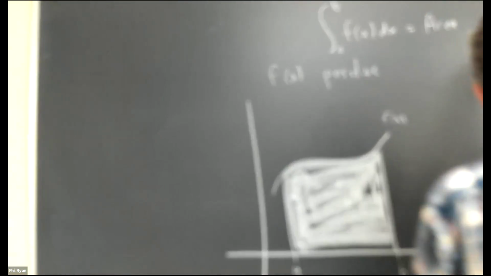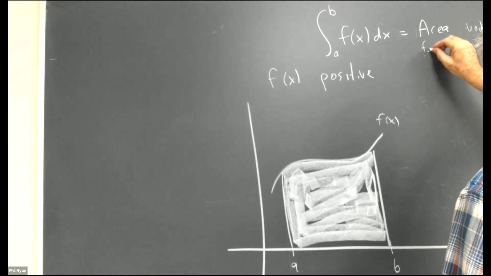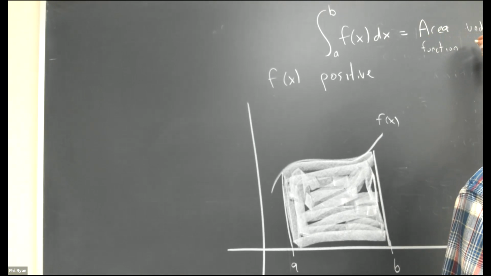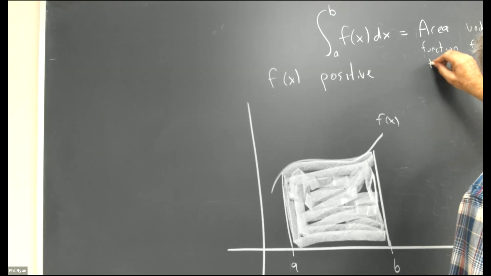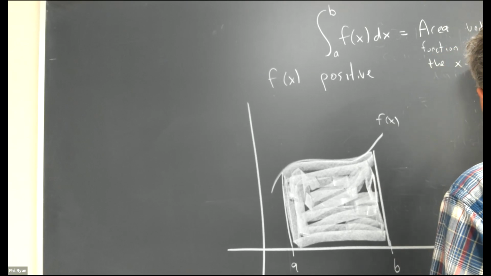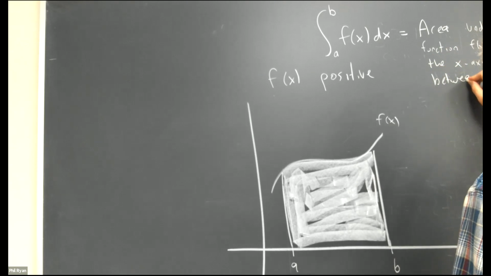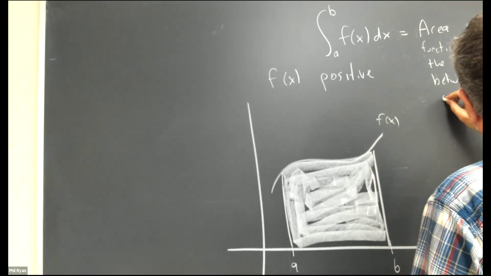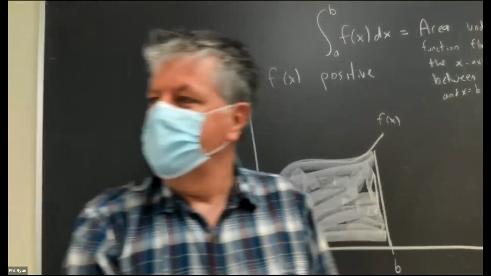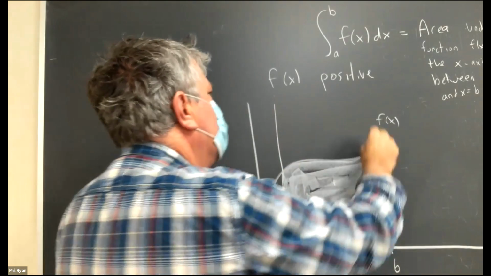So what we do is the area under the function f of x, above the x-axis, and between A and B, between x equals A and x equals B. Here's x equals A, it's like a fence.